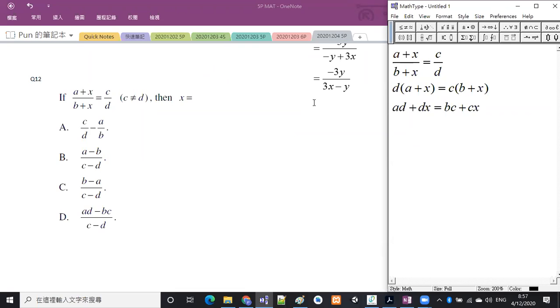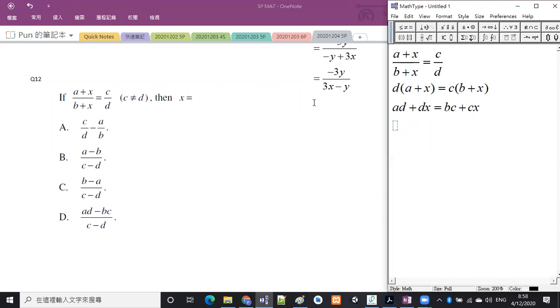Okay, and now I want X to be the subject, right? Let's see. Yes. I want X to be the subject. So I need to move all the X terms to one side.